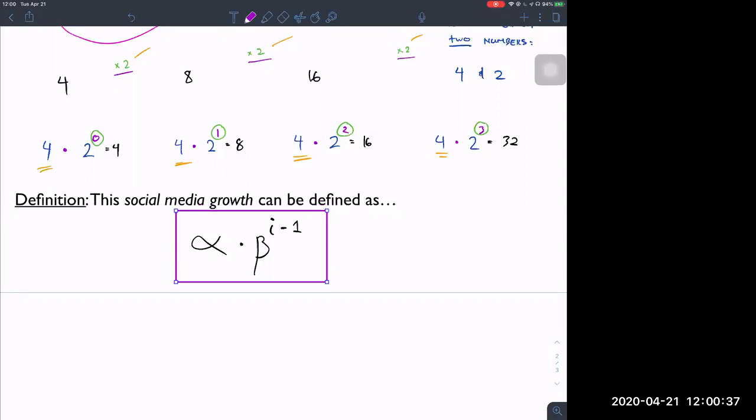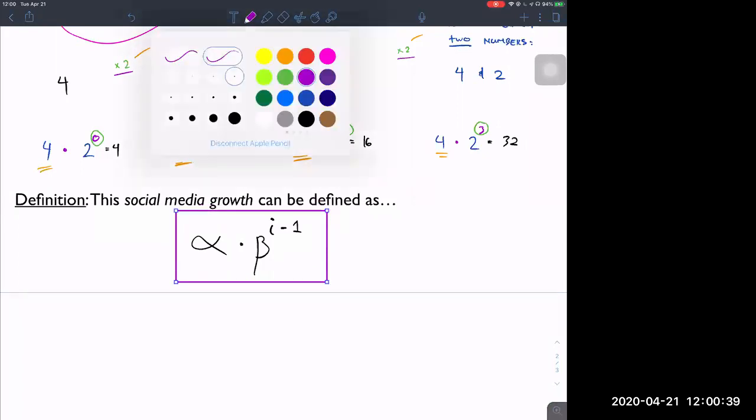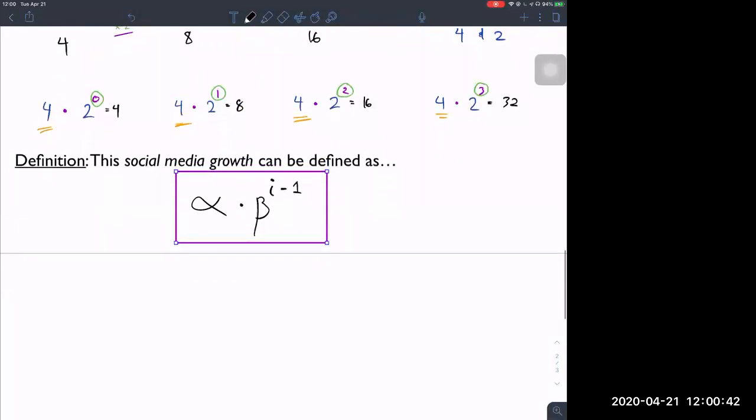Okay, what do these represent, pertaining to example 1? Alpha equals base day. If I'm reading that question right there, it says, suppose for the first day, the social media post reaches 4 people.